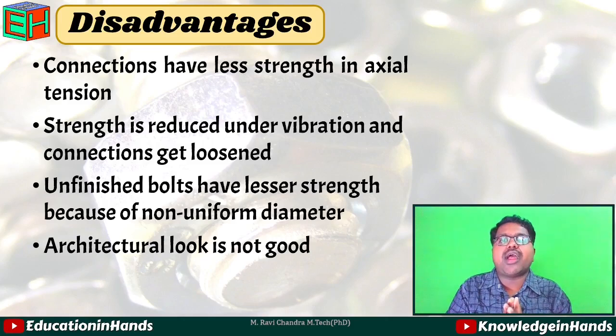Whenever we are adopting bolted connections, the architectural look or the aesthetic appearance is not so good. These are the disadvantages associated with the bolted connections. But compared to these advantages, disadvantages are very less. That's why we are using these bolted connections very often.